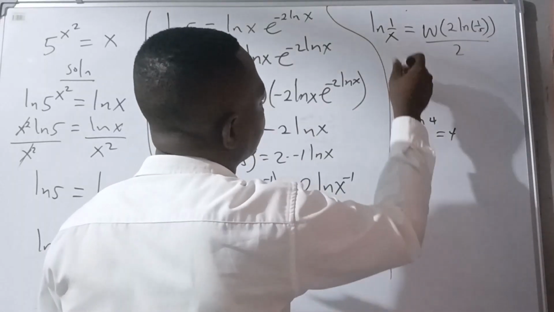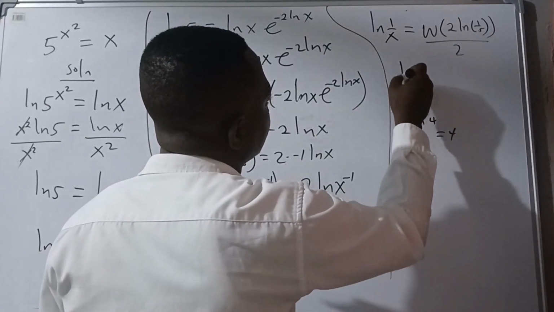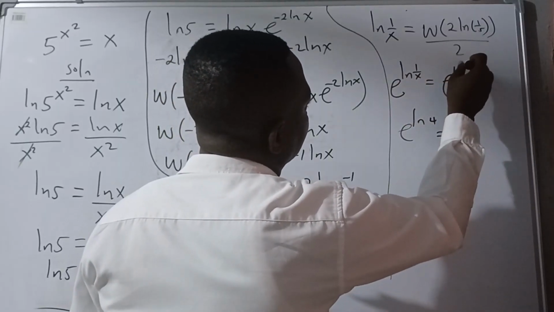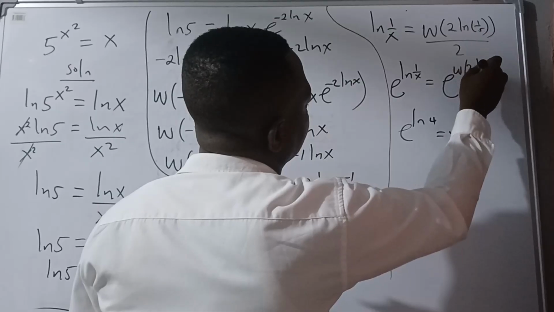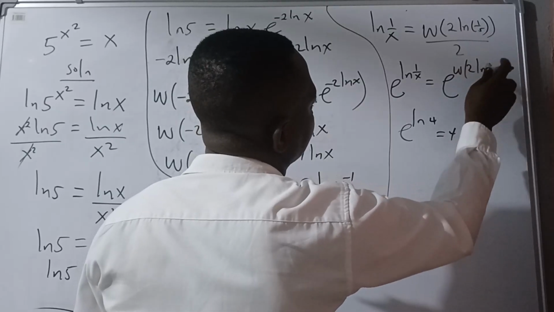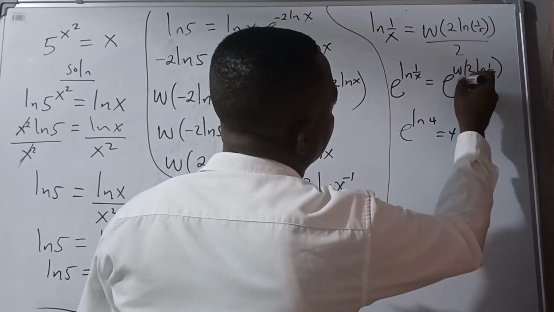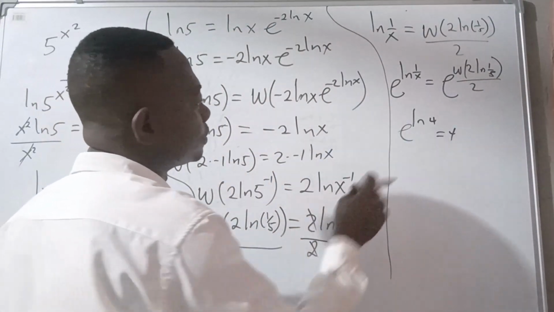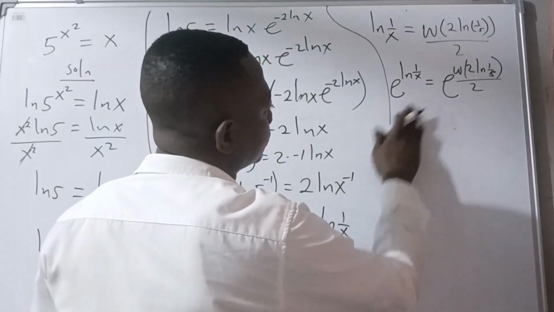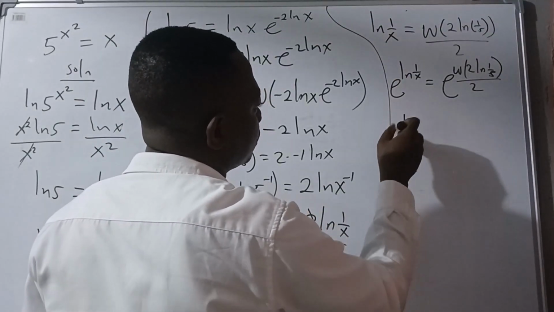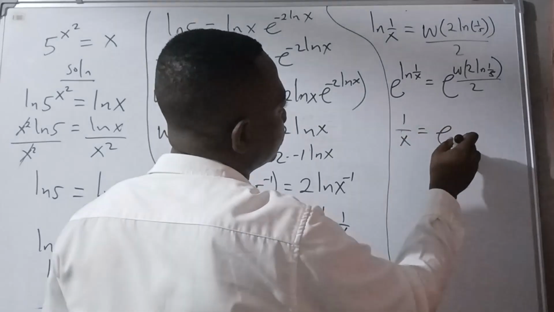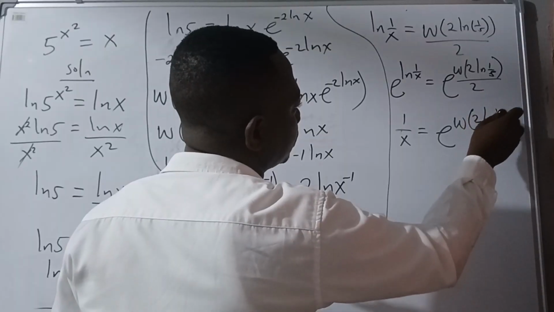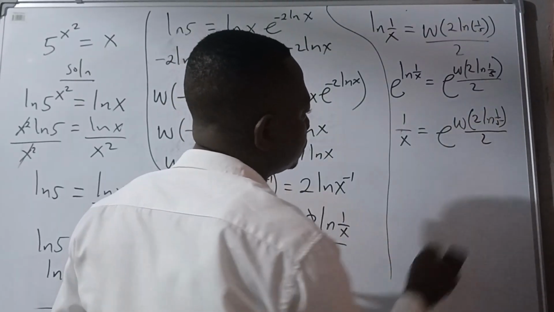So I'll raise both sides with e. This side will be 1 over x equals e raised to the W function of 2 ln of 1 over 5, over 2.